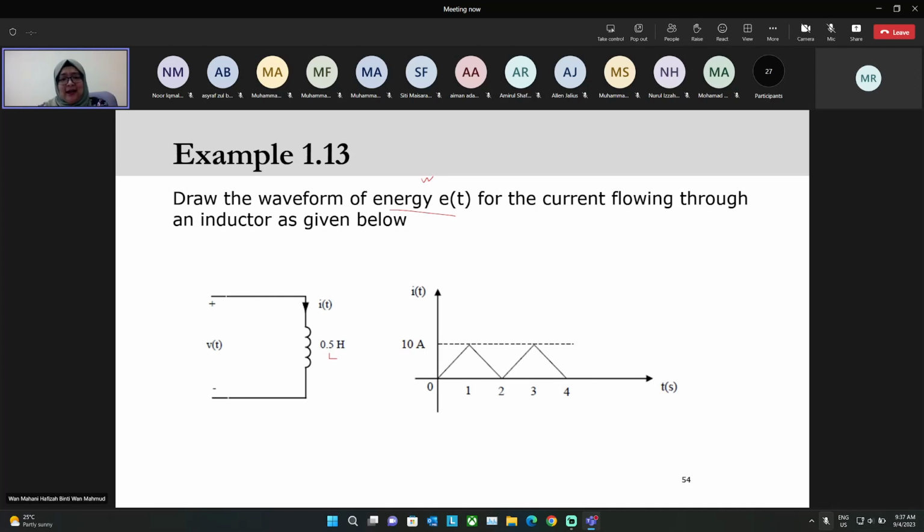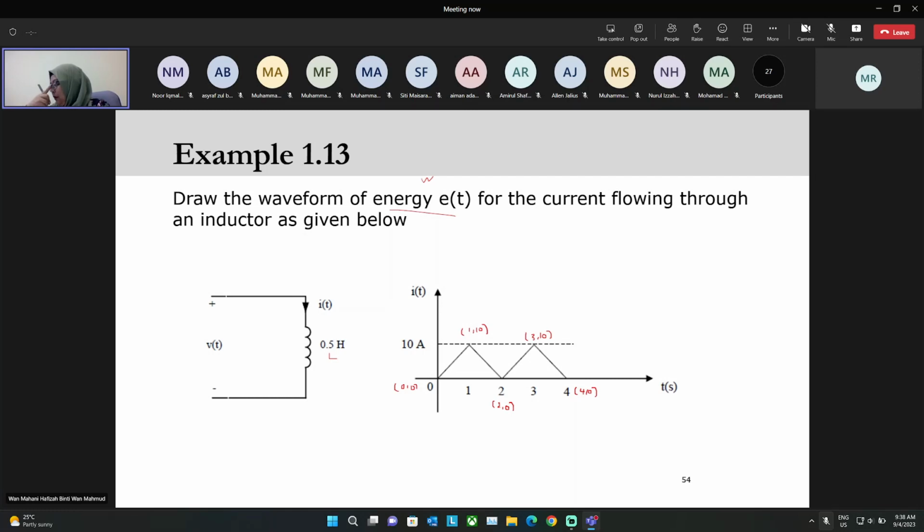Okay. So, sama step dia. First step, baca graf juga. Yang ni sebabkan dia linear, lebih senang kalau you guna koordinat lah. 1, 10. Yang ni 2, 0. 3, 10. 4, 0.